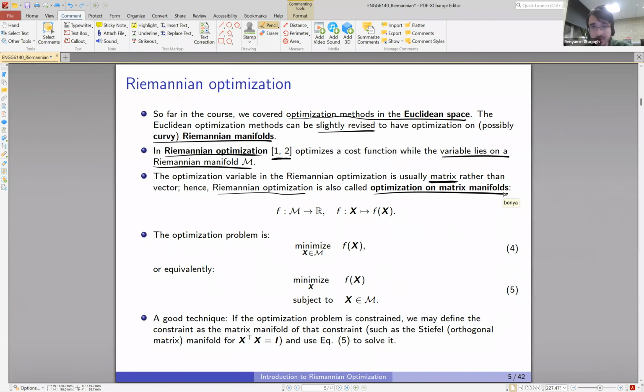So here we say the function in Riemannian optimization is a mapping from the manifold to the real number, to this scalar. So the domain of X is a manifold rather than the Euclidean space. It doesn't need to be a matrix; the manifold might be a manifold of vectors, but as it is usually a matrix, I have denoted it by capital bold.